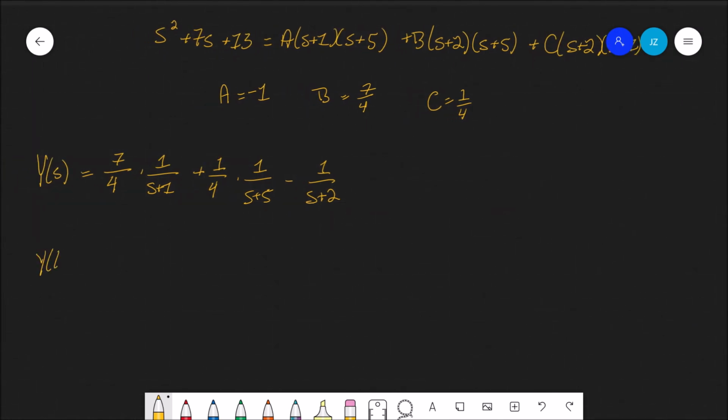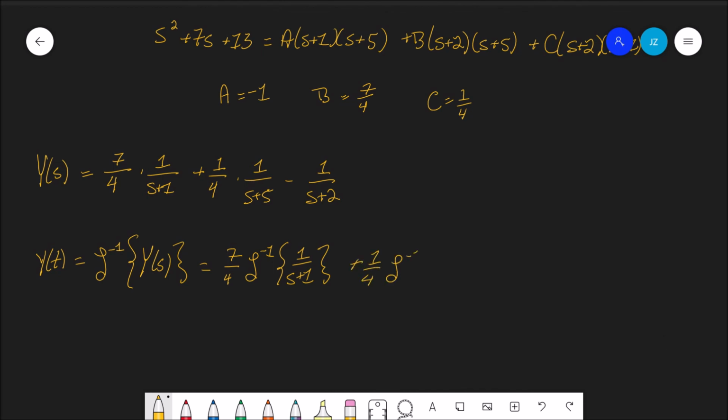So our solution y of t is the inverse of y of s. So we get 7/4 times the inverse transform of 1 over s plus 1, plus 1/4 times the inverse transform of 1 over s plus 5, minus the inverse transform of 1 over s plus 2.